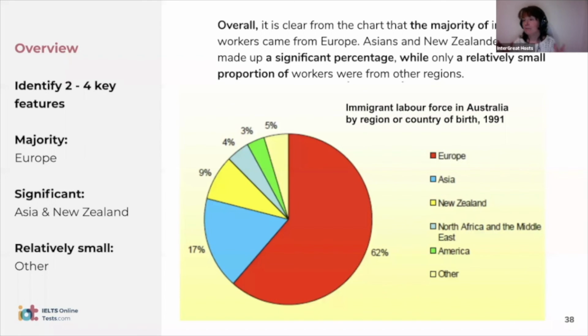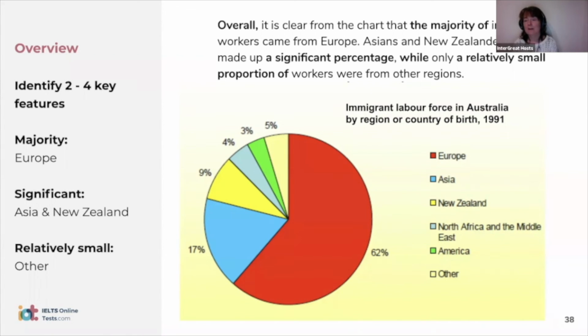So again, it's quite short. It's 2 sentences, but all of the key information is there. And we haven't put any detail. So that is very, very important. We're just putting the really obvious features that we can see, the key patterns.